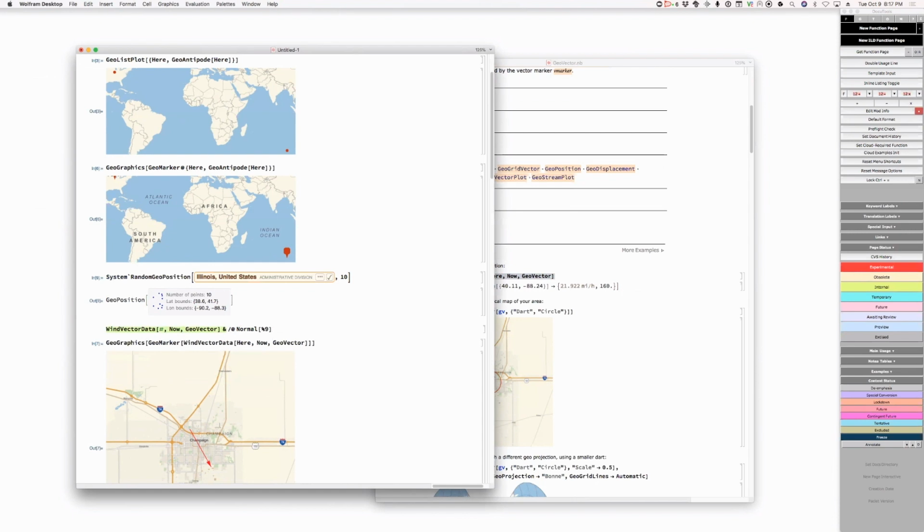Why am I threading? Why aren't I just doing this? Because Normal doesn't act on geoposition. We have discussed this. What's Normal of a geoposition? It could be several things. Okay, all right. So what do I do? Just mapping as you were doing, but Thread of geoposition. So it pushes the head one level deeper.